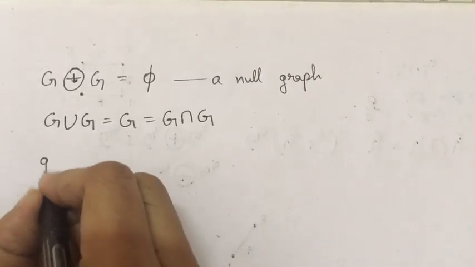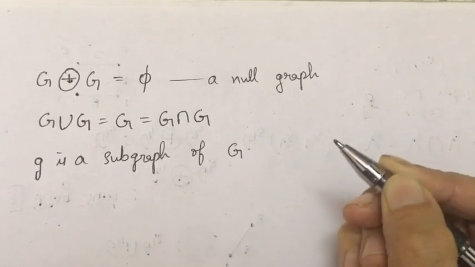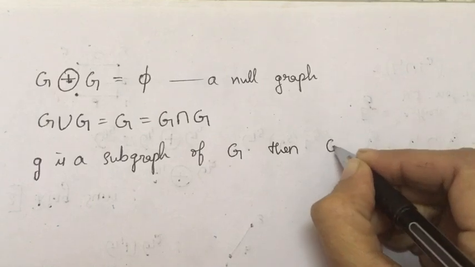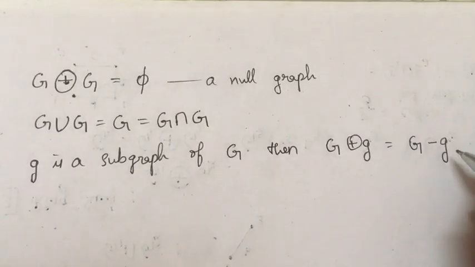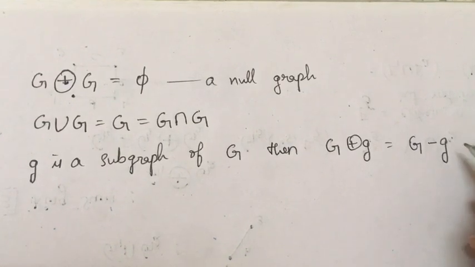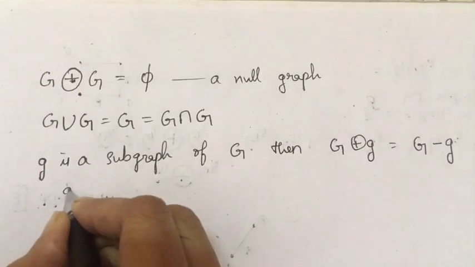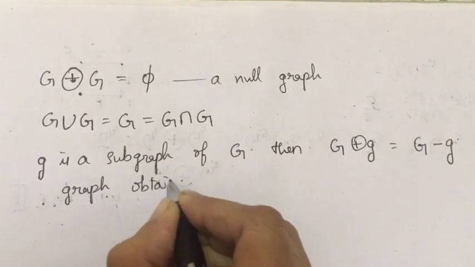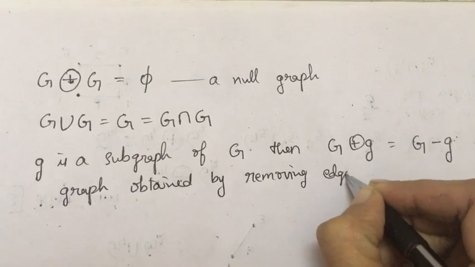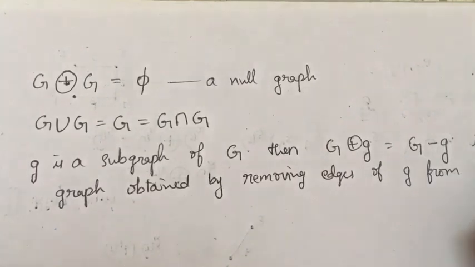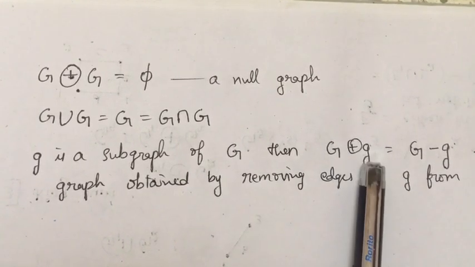And if small g is a subgraph of capital G, then G ringsum with the subgraph g is nothing but G minus g, which is a graph obtained by removing the edges of g from capital G. Okay, if small g is a subgraph of capital G, then the ringsum of G with g is G minus g.